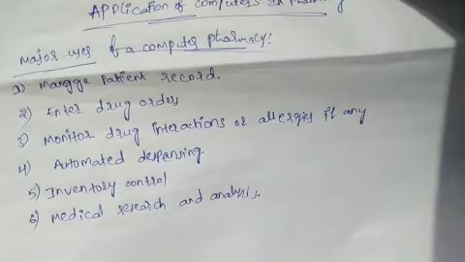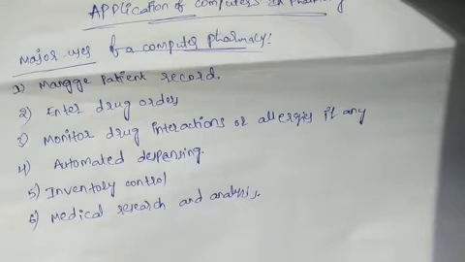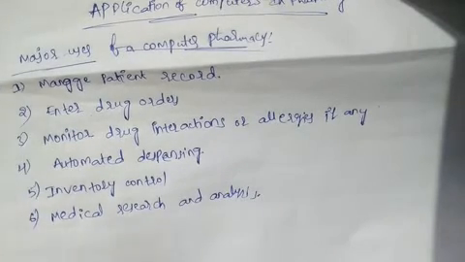The total drug information, how many types of drugs there are, which disease is treated by which drug, and how to decrease that disease, is in the drug order. That is the second major use of the computer in pharmacy. The drug order is also maintained as a record and stored in the computer. That is why you use computers in pharmacy.